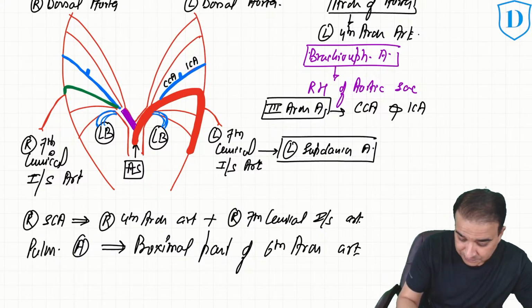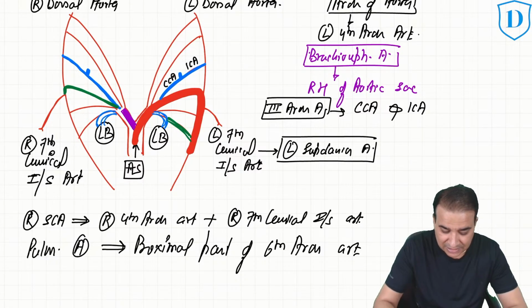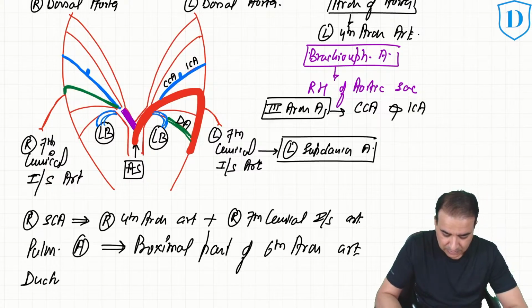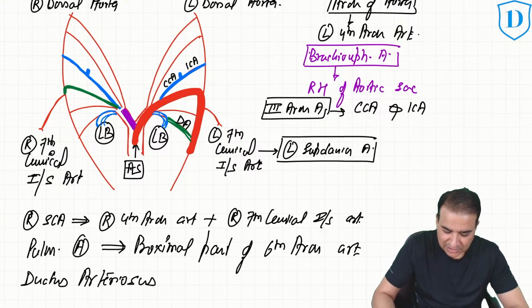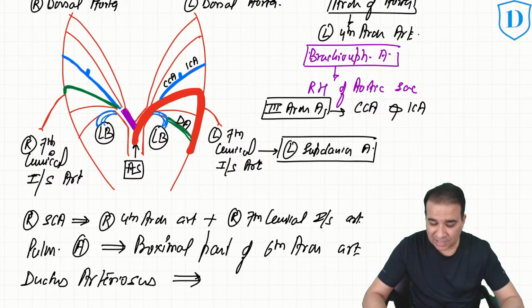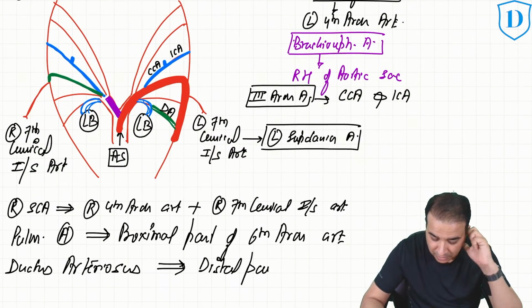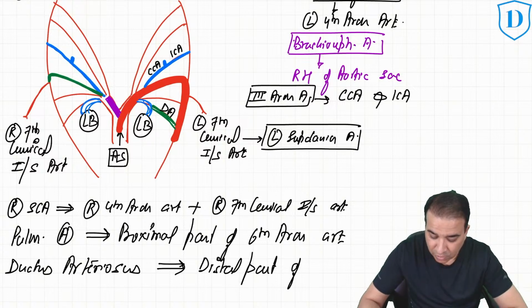And finally, look at this one, guys. This is the ductus arteriosus. The question which is asked to you in the exam is about this. That is the ductus arteriosus. I'm writing DA. So whether it is a normal ductus arteriosus or a patent ductus arteriosus, it is formed by the distal part of the left 6th arch artery.